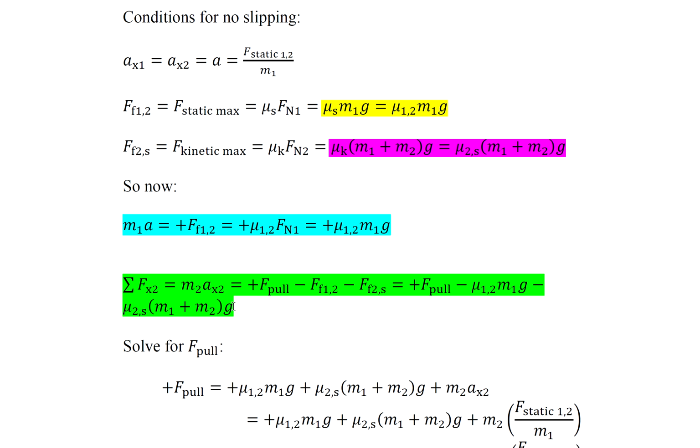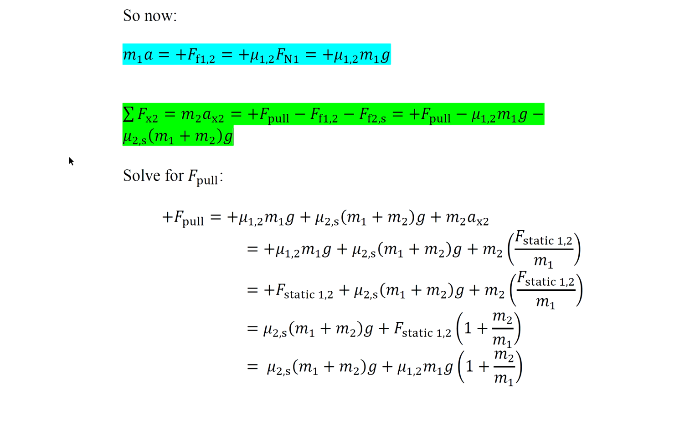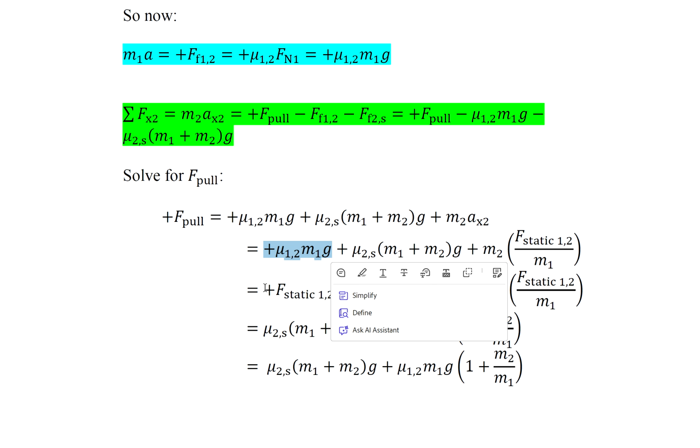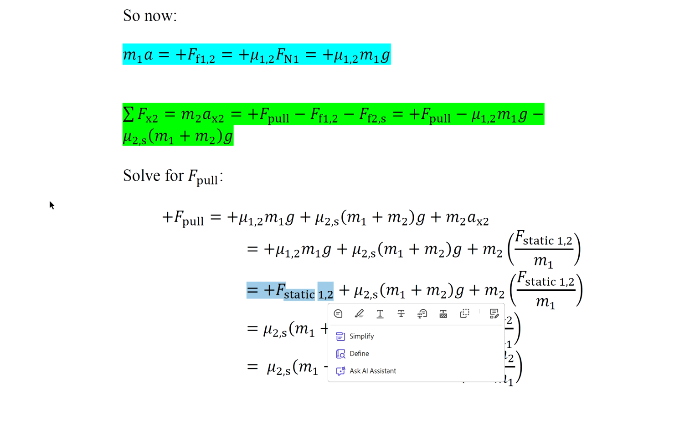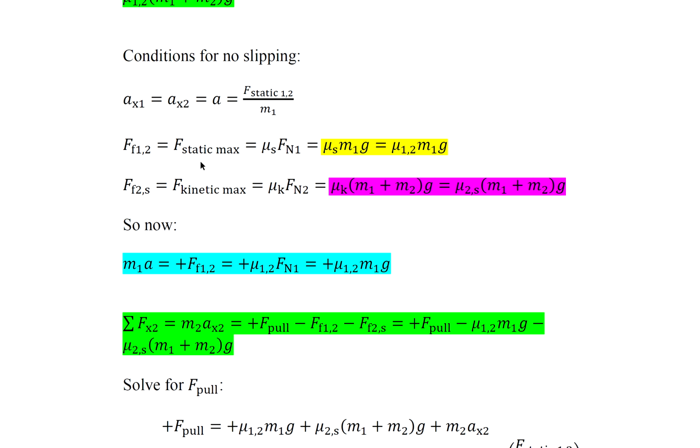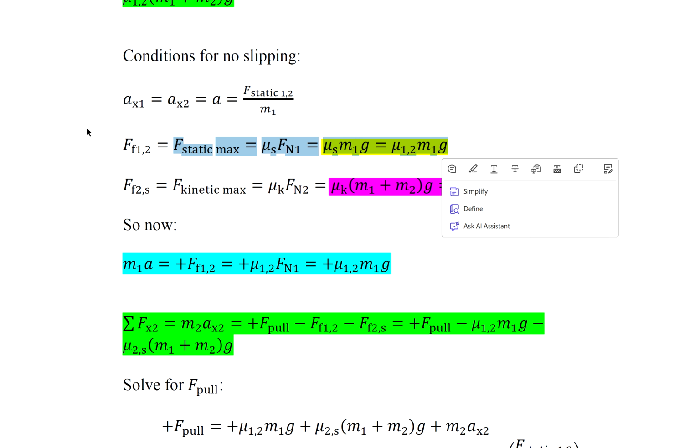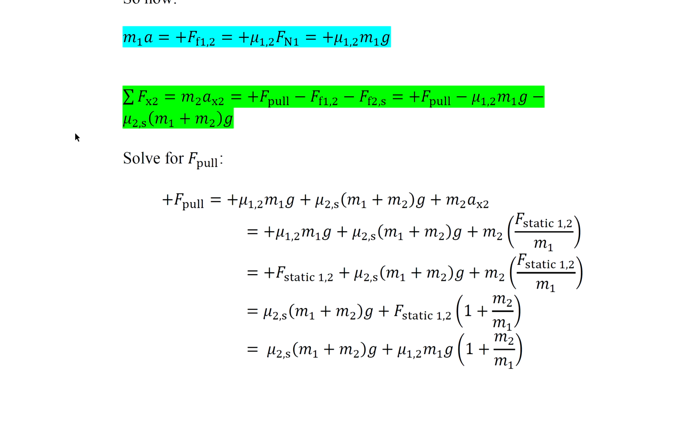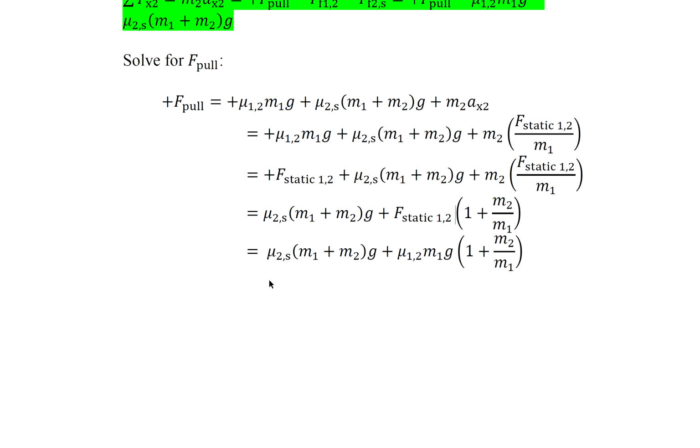So we're going to use this green equation and solve for force of pull. And this is equal to force of static friction between 1 and 2. Why? Because we have it here. And you could see this third equation here. We have a force of static 1, 2 here. We have a force of static 1, 2 here. So we could factor those out, which is here. Then we could substitute in again. And this is the equation we get.